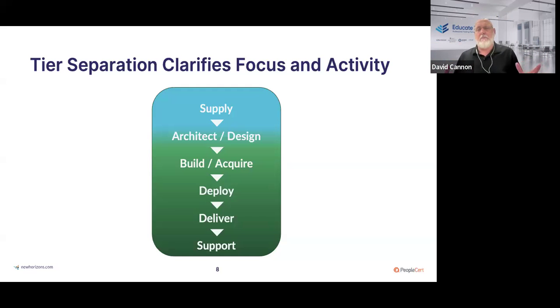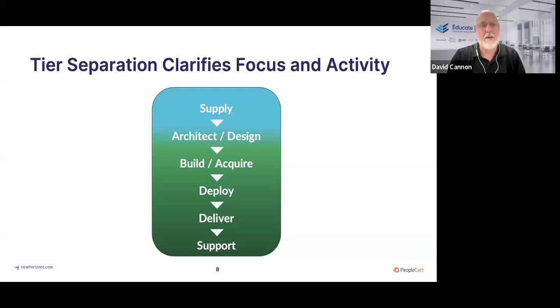Very broadly, and let's not get into an argument about whether this is an agile sprint or whatever, we tend to find that tier one, two, and three resources work on these kinds of activities. So there is a supplier, they supply.